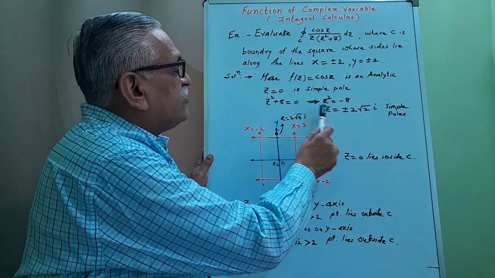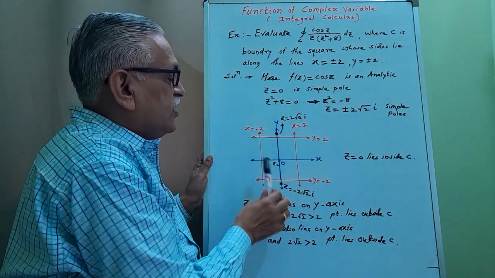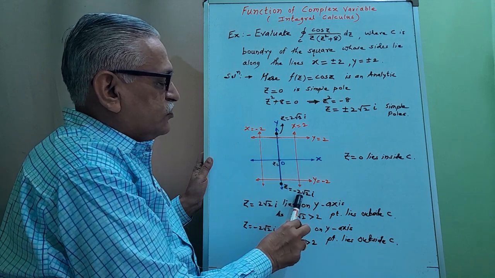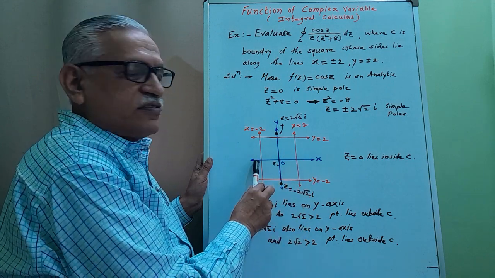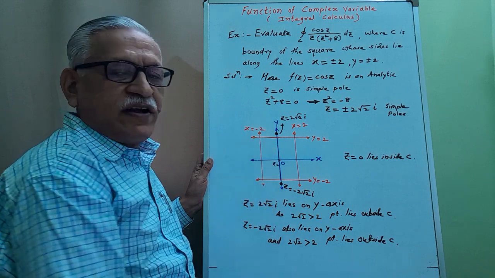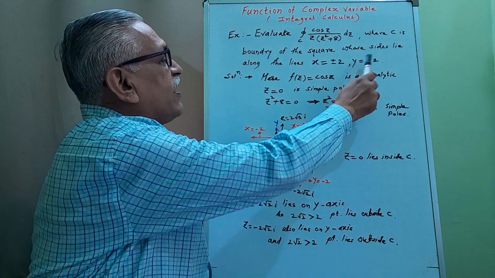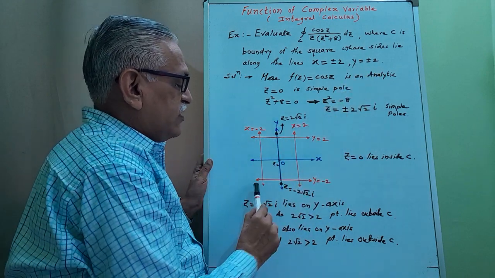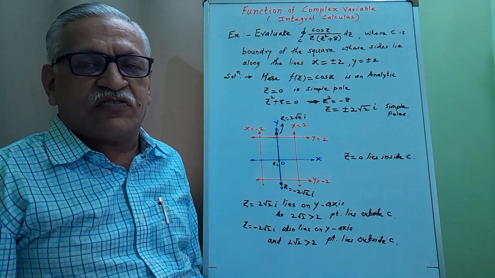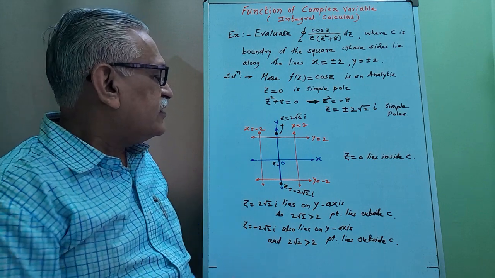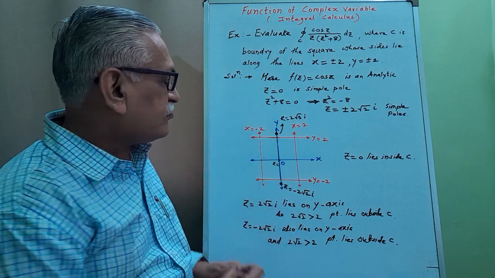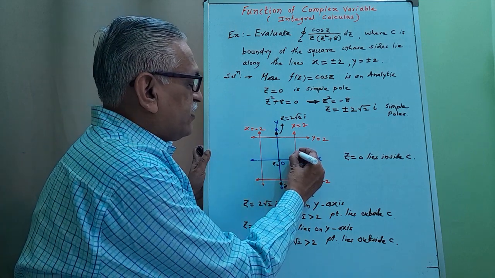Then x equals plus 2 is a line parallel to the y-axis, and at the same distance on the left-hand side we have x equals minus 2. Then y equals plus 2 and y equals minus 2. These are the four sides of the square, and this is the closed region. The direction is anti-clockwise.